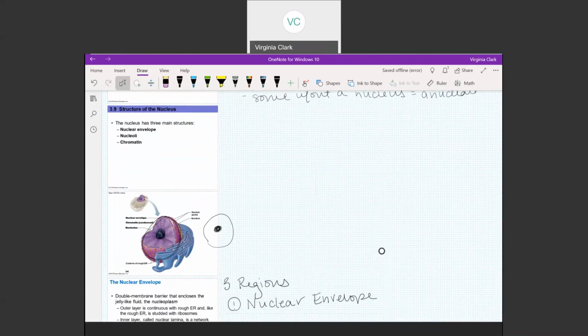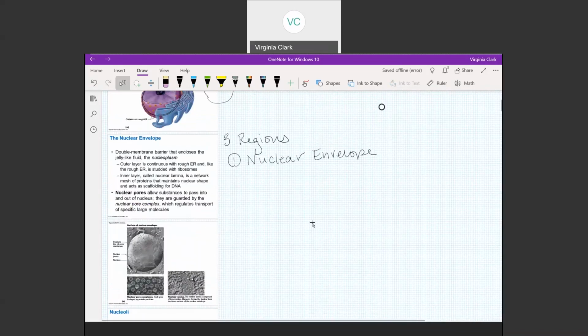When we're looking at the nuclear envelope, some things to keep in mind: it is also a double membrane, so it follows the same pattern as the plasma membrane. With that double membrane, it is going to have a liquid inside.